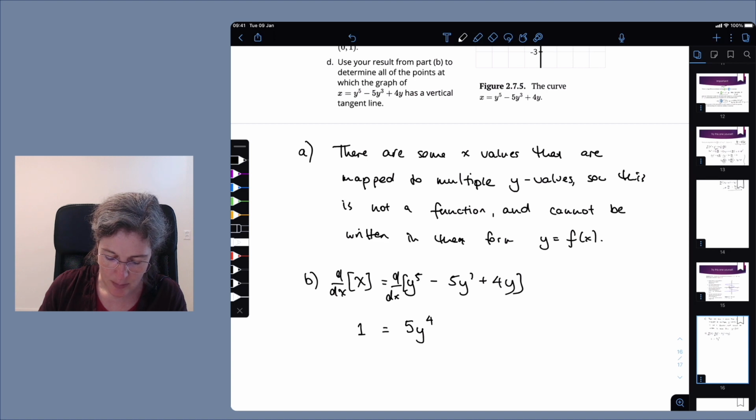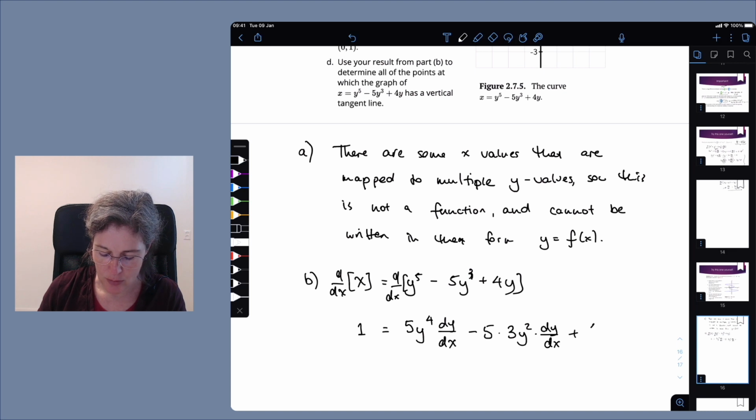So this is times dy by dx. We do the same thing over here. So I've got minus 5 times the derivative of y cubed. So it's going to be minus 5 times 3y squared times dy by dx. And then finally, I've got 4 times the derivative of y.